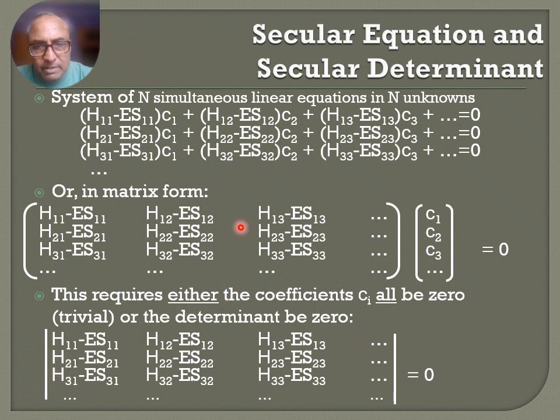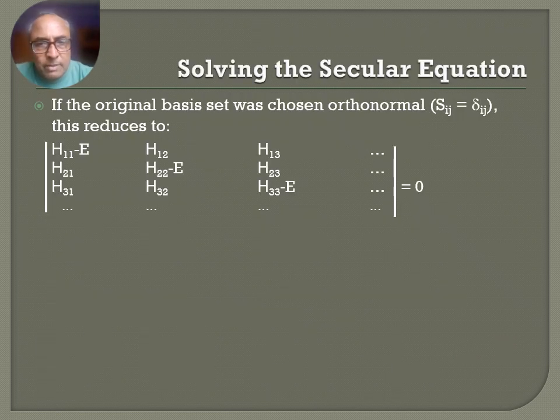That means that this equation can be satisfied either if all the coefficients are 0, which is just a trivial solution. All the coefficients are 0 means the wave function is 0, which means the probability is 0. That's a trivial solution. Or the determinant, this secular determinant, has to be equal to 0. If the original basis set was chosen to be orthonormal, that is Sij equals delta ij, the secular determinant reduces to this simpler form.